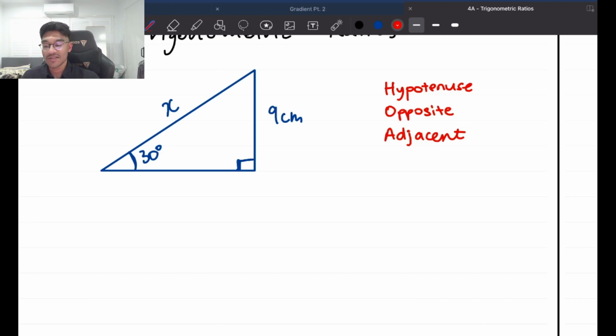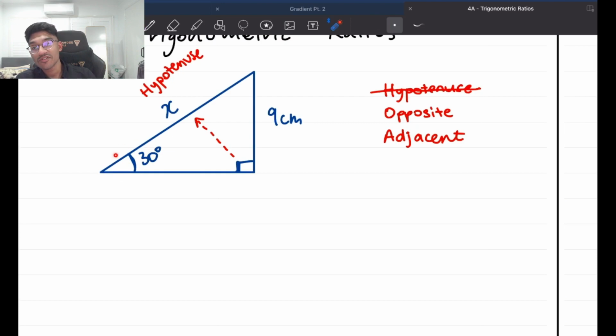Like I said, in this exercise, we're going to be given an angle, and then we're working out the unknown. We know, like I said before, that whatever's opposite the right angle is our hypotenuse. So we've already labeled one of them, so that's hypotenuse done. Next, we look at the angle. We can see that we have our angle in the bottom left of the triangle.